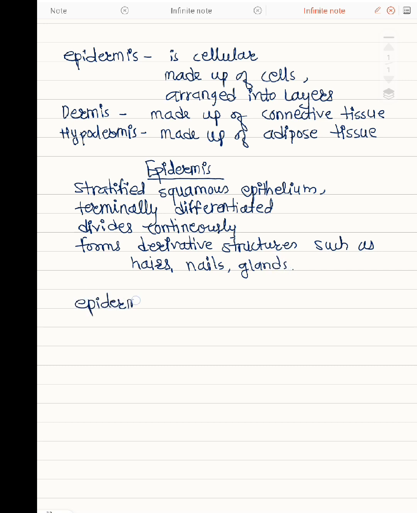Epidermal thickness is highly variable, thinnest on the eyelids and thickest on the palms and soles.